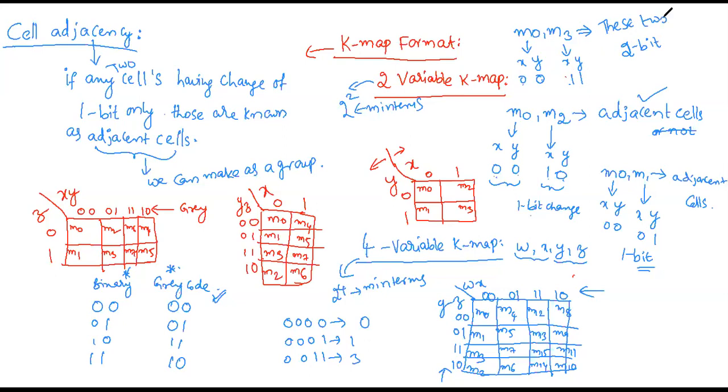Understand? Cell adjacency: if there is a one bit change between any two square cells or any group of square cells, that is cell adjacency.